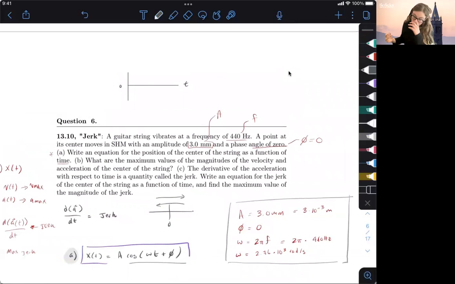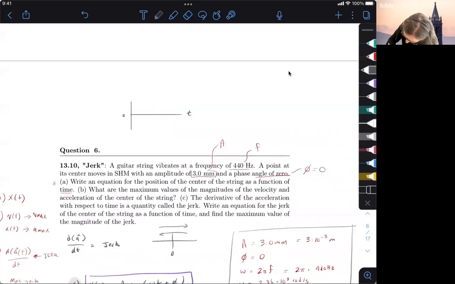Let's say, for example, I'm just going to draw it as a sine curve because I think it's a little easier to look at. But in this case, we actually have a cosine. So actually, I'll do the real one for this problem. So the cosine. Okay, so we're going from A to negative A, which makes sense, right?